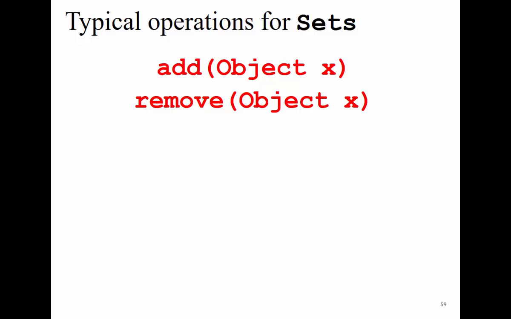Why can we not do this on the set? Exactly. I don't know what index 0 is because the order is mixed up. So that's why we only have add and remove, and we can ask if the set contains this element or not.